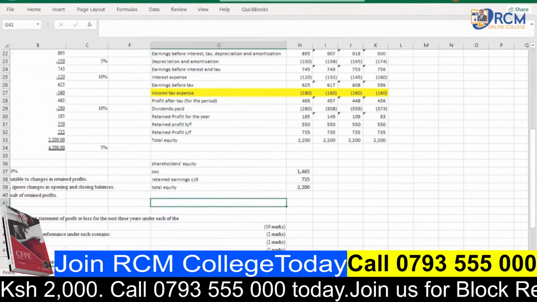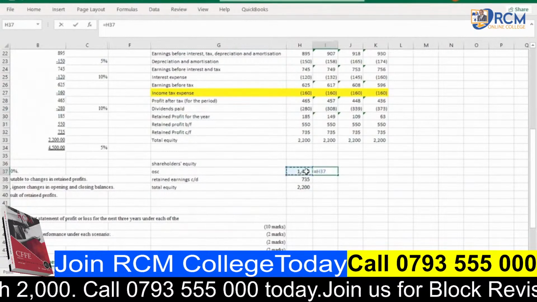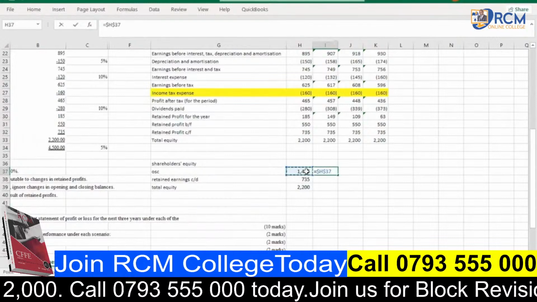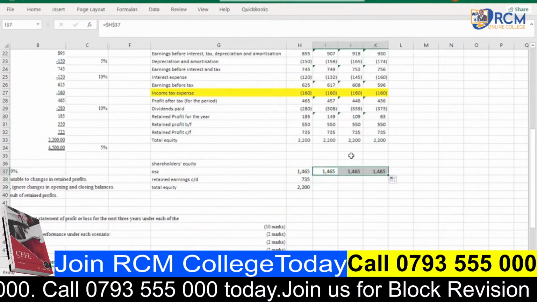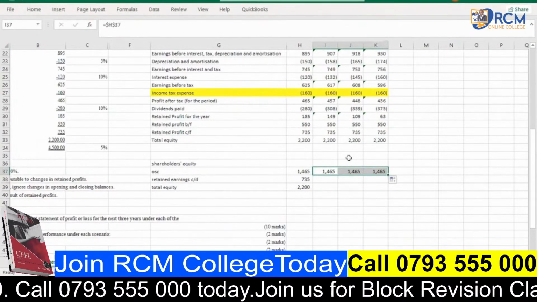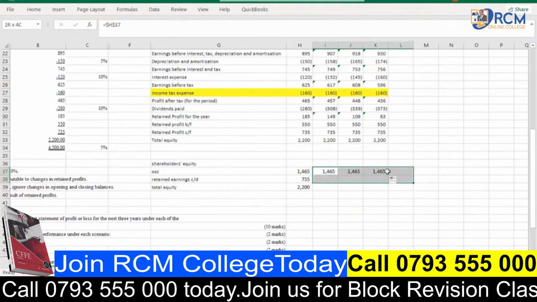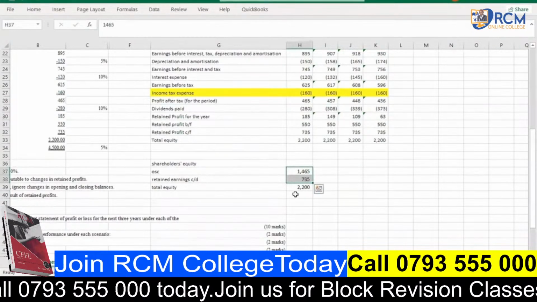So it means ordinary share capital will be constant all through. Ordinary share capital will be constant up to the last year. Kindly pardon. These are the components that we need to have here.